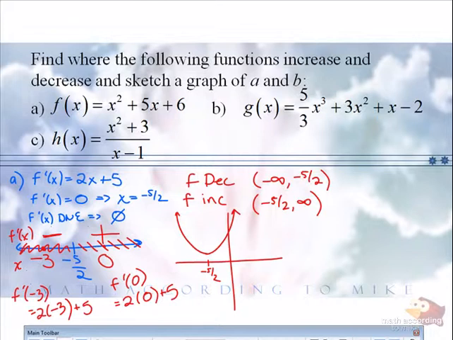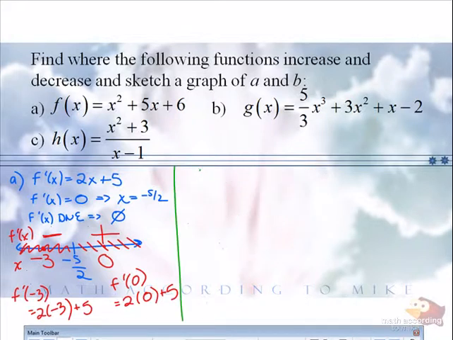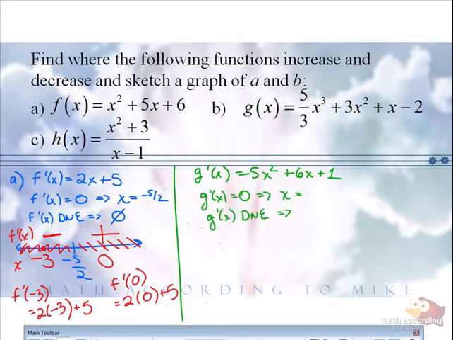Start off with the derivative of g: 5x squared plus 6x plus 1. So if you would, determine where the derivative equals 0 and determine where the derivative does not exist. So how does 5x squared plus 6x plus 1 factor?